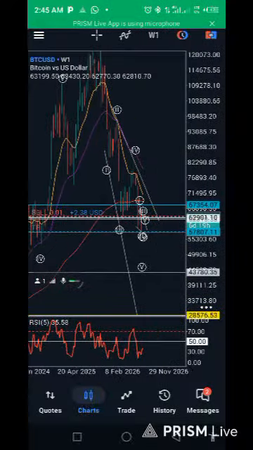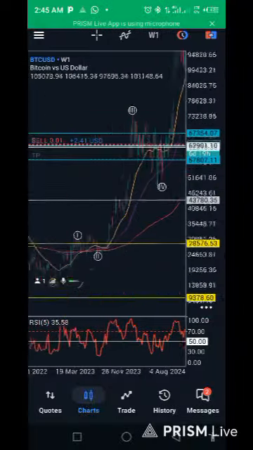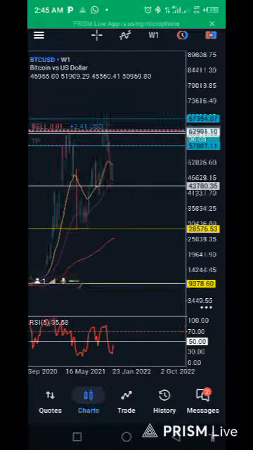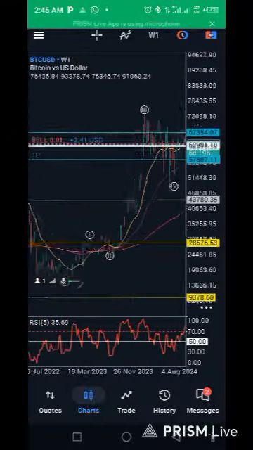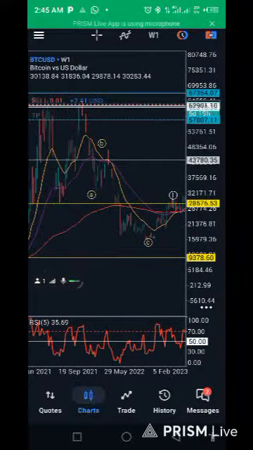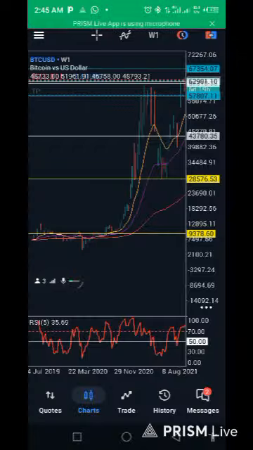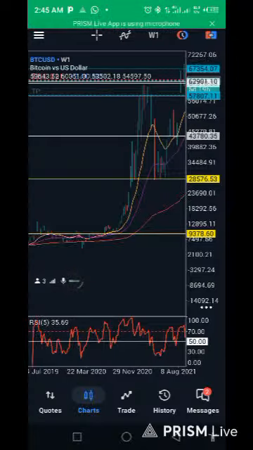A correction is occurring. Let's go back to history. You can see after it formed the first wave, it ended. It came back and fell. If you remember, Bitcoin rose in the early stage. I think it got to about 19,000 US dollars the first time it came out.